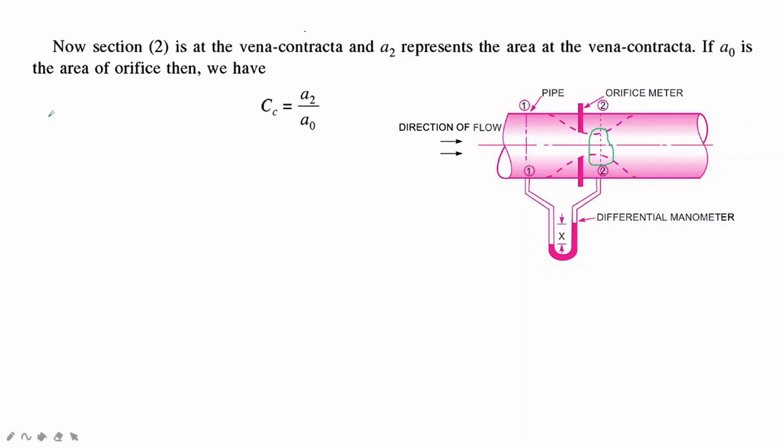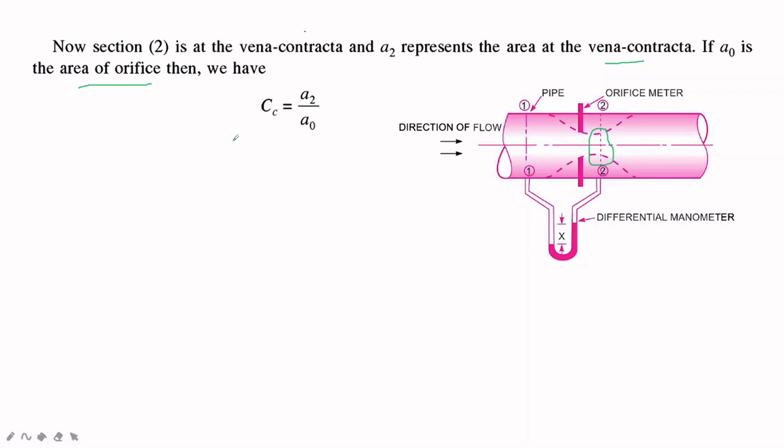So we have a new term, that is CC. Here contraction is happening first, then it is diverging. The point where the converging turns to diverging is called the vena contracta. A0 is the area of the orifice and A2 is the area at the vena contracta.